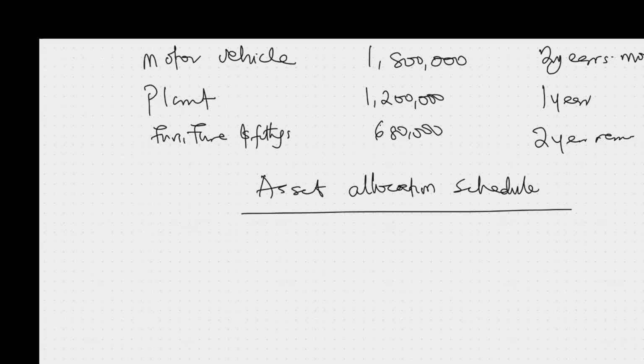So you were told that motor vehicle 1, the first one here, was sold for 120,000 on 1/3/2006, and plant 1, the one on top, was sold for 800,000 on 1/10/2006.